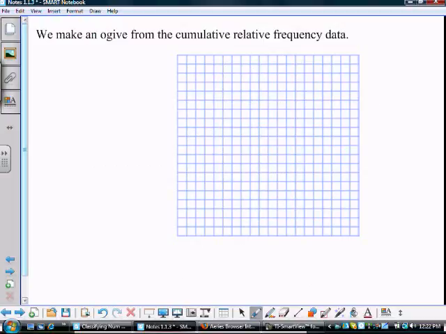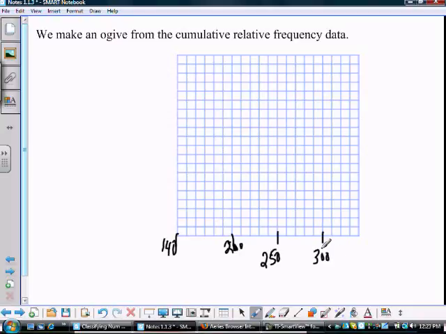Okay, so we're going to start off at 140 on my x-axis. 50, 60, 70, 80, 90. There's a 200. 10, 20, 30, 40, 250. 60, 70, 80, 90, 300.